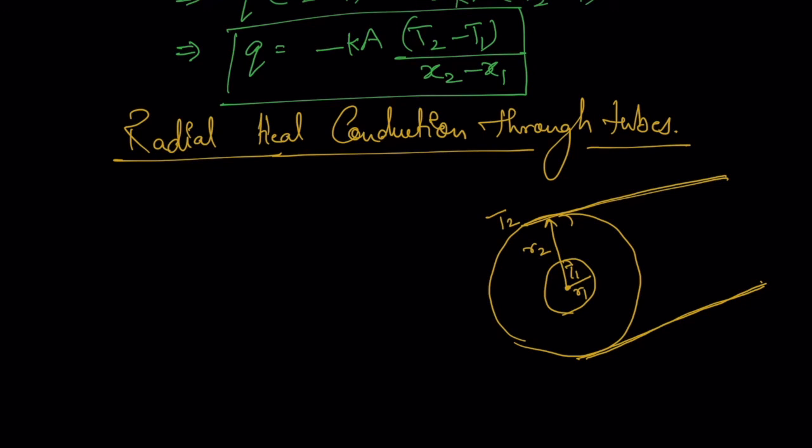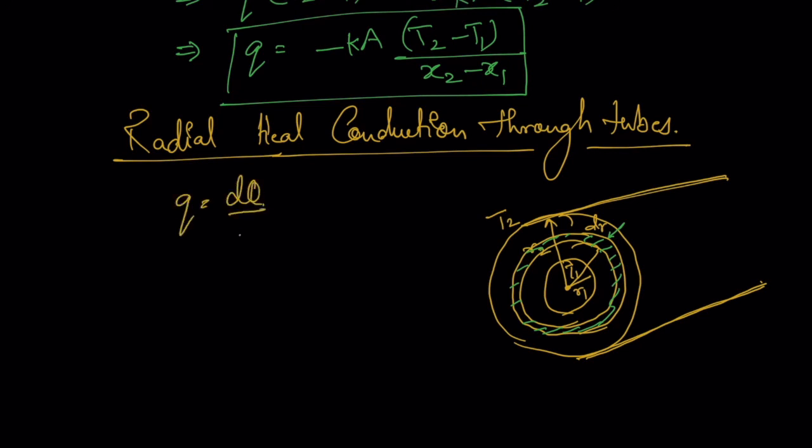So at a distance r, you can consider a small strip of width dr. Okay, so now if you want to write the Fourier's law, that will be q is equal to dq by d tau equals minus ka dT.